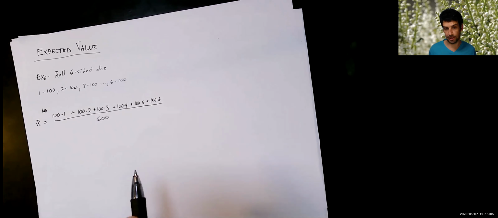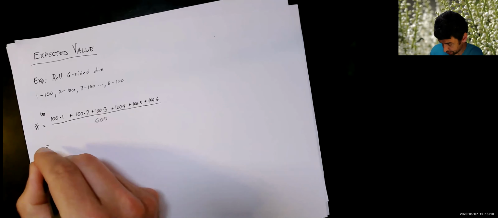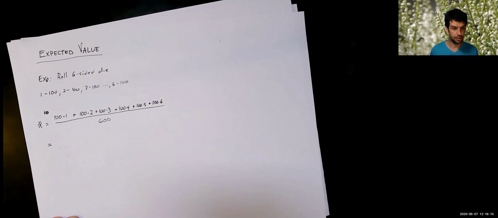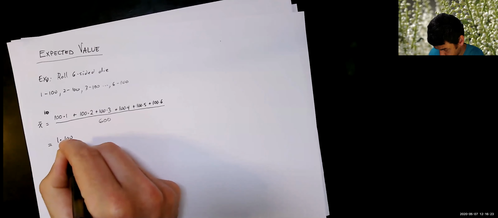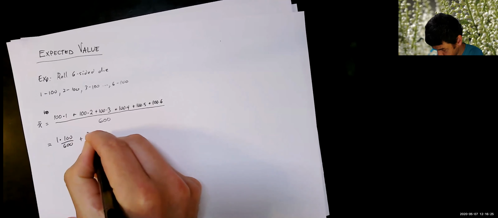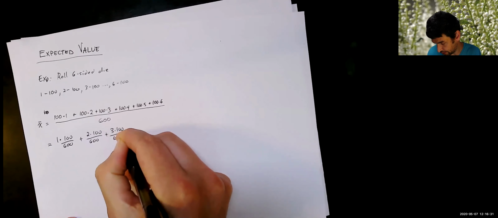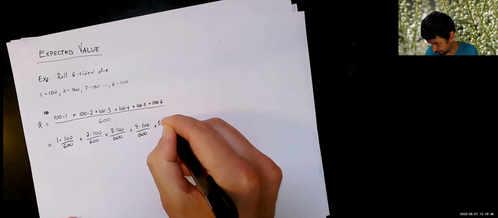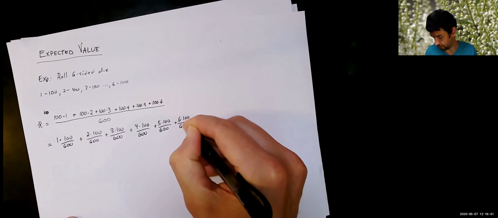Now, we could just plug this into a calculator, but I want to compute it slightly differently. I'm going to use a little bit of algebra here. I can separate these into different fractions. My first fraction is going to be 1 times 100 over 600, plus 2 times 100 over 600, plus 3 times 100 over 600, plus 4 times 100 over 600, plus 5 times 100 over 600, plus 6 times 100 over 600.